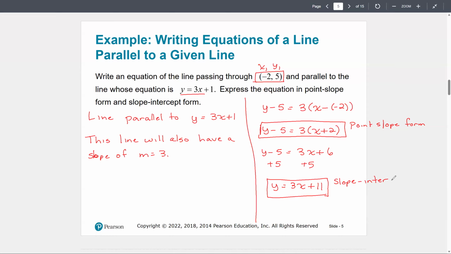There are some problems that you may face, especially coming into calculus, where you do need to figure out a parallel line, or you may have to find a perpendicular line, which is why we're going to be covering this. So we now know a line that is going to be parallel to this line in case we needed it.